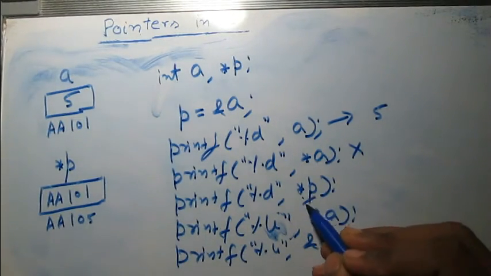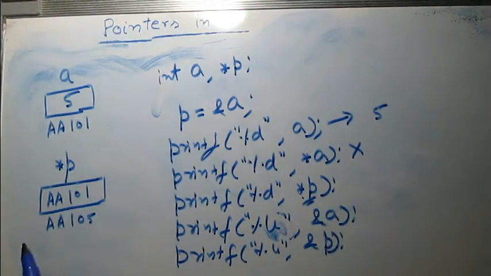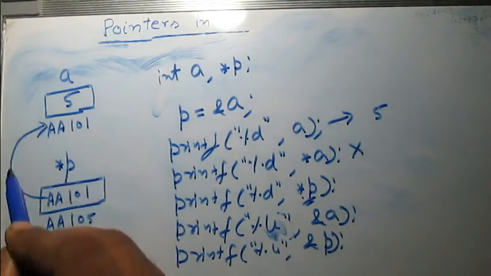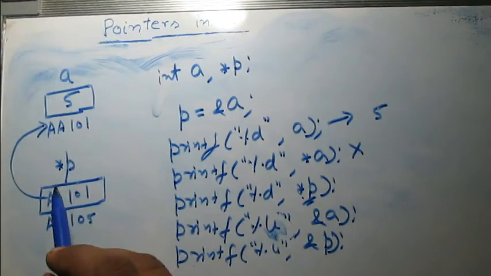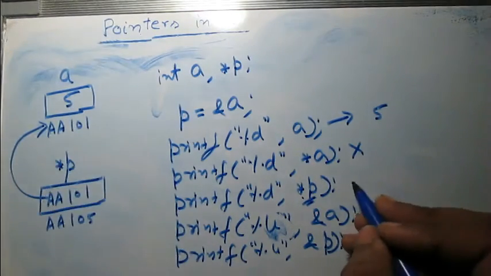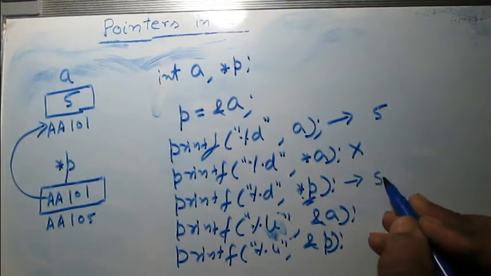And what does this statement mean? This statement means you are referring to the location which is being pointed to by p. So this p is containing address A101. It means this p is pointing to this location because the address of this location is A101. So the content of this location is 5. So this statement will print 5.